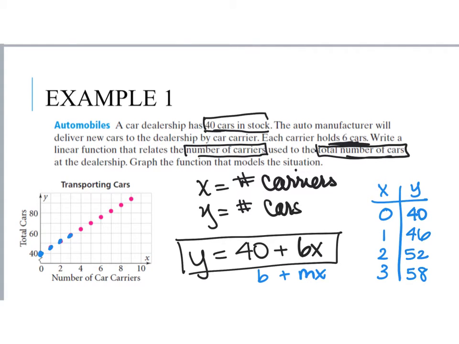So I can't have a point come in at, let's say, 1.5 in this spot here. If those two points were connected with a line like this, that would mean that any point along that line would work, and that can't happen in this case because I can't have a partial carrier.